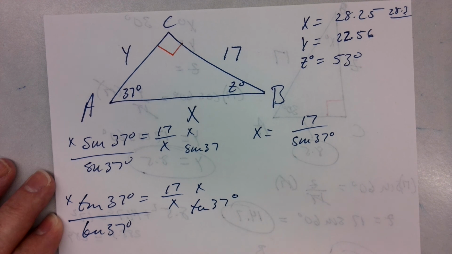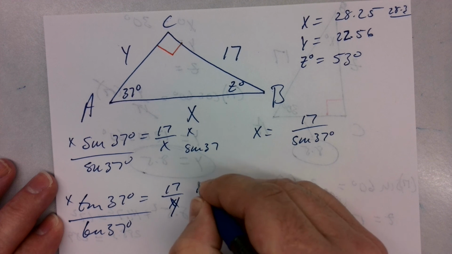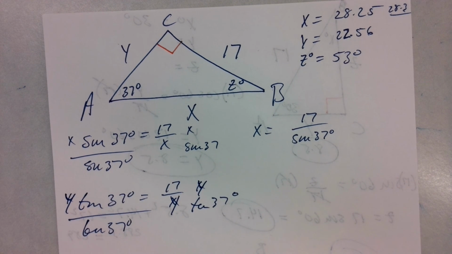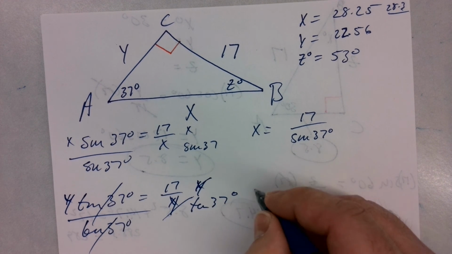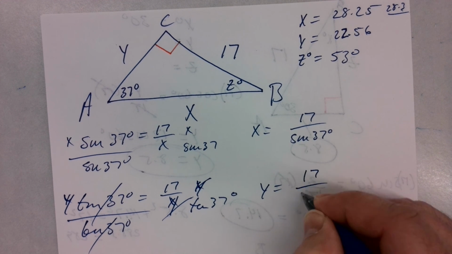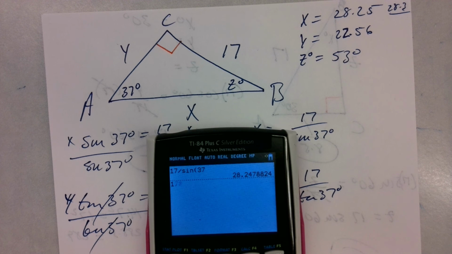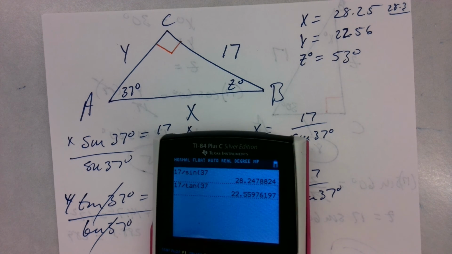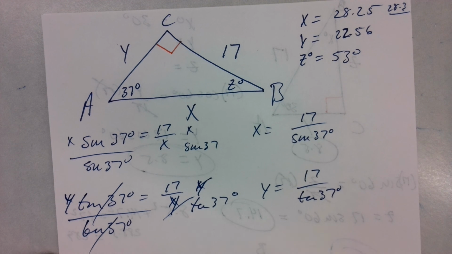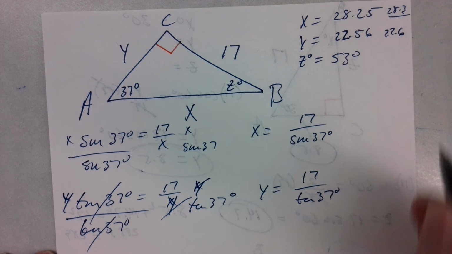Sorry, it's over y, yes. Wrong variable. I'm going to get y equals 17 divided by the tangent of 37. I get 22.56, which I would say is about 22.6.